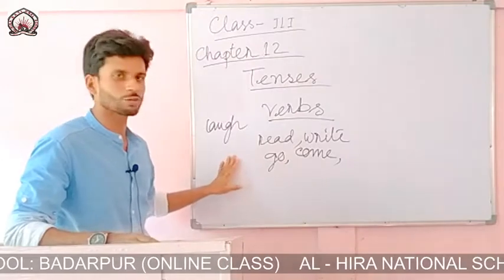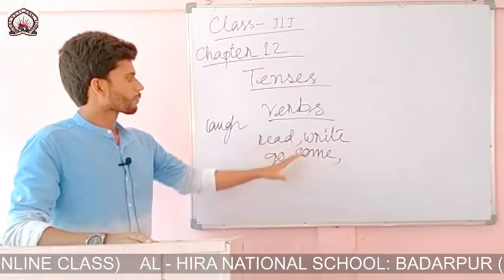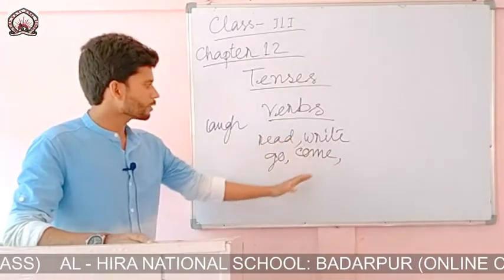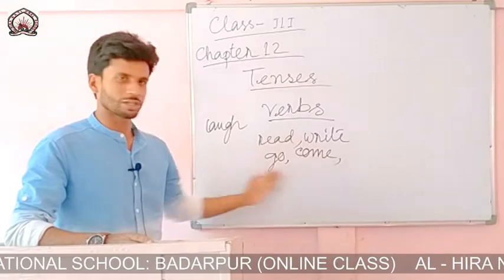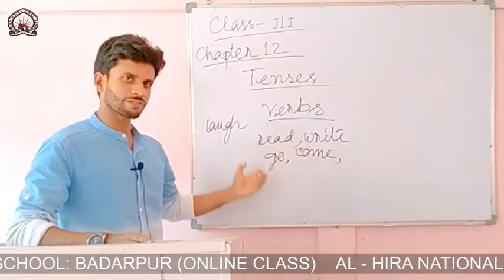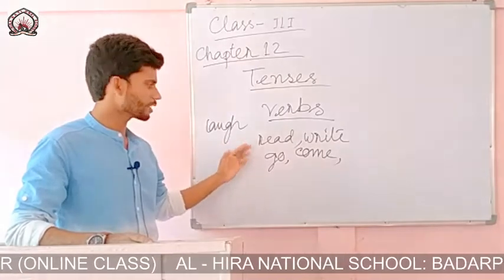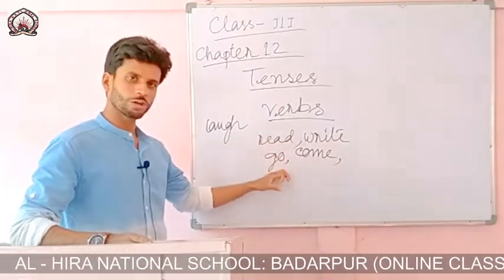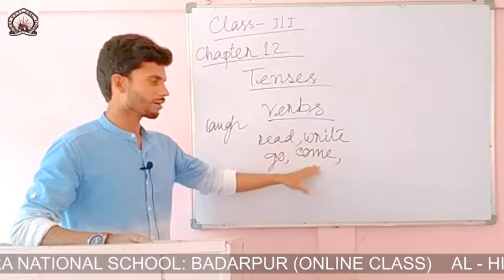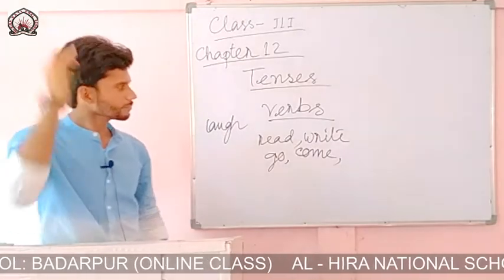If I go on writing on the board, verbs won't finish. So these are some of the words which I have written here, which are verbs, and all these words refer to doing something. Doing words. Laugh, it means to do something. Read, it means to do something. Go, it means to do something.